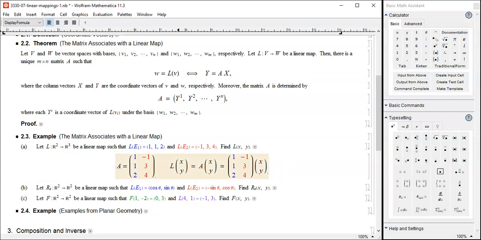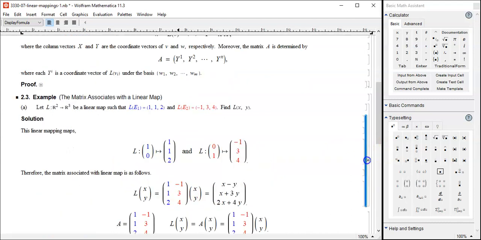The key issue is this one. How do we get this matrix expression? Find out those images of the basis. E1 is going to 1, 1, 2. That's my first column. E2 is going to negative 1, 3, 4. That's the second column, and here's the matrix expression. By the way, if you open up, then you're going to get the solution.